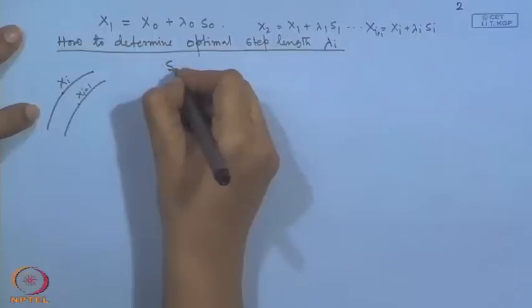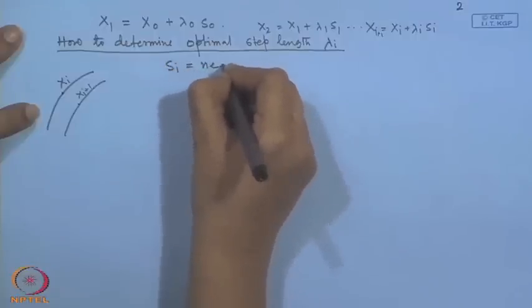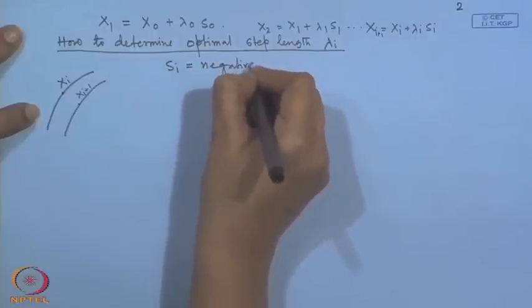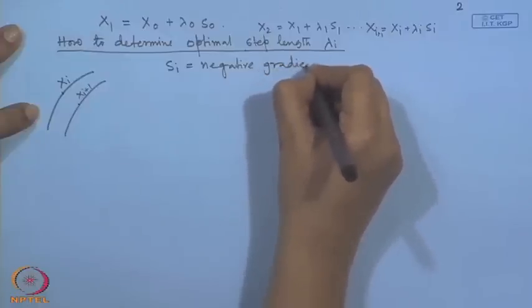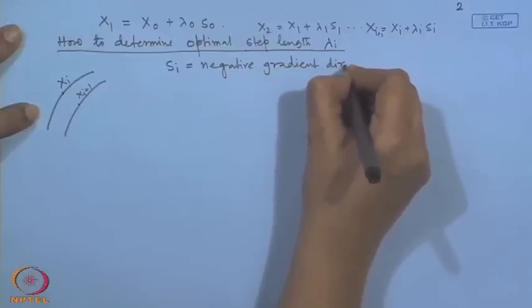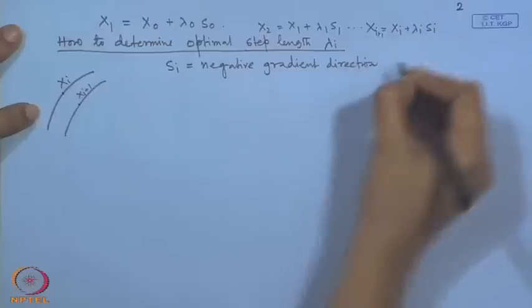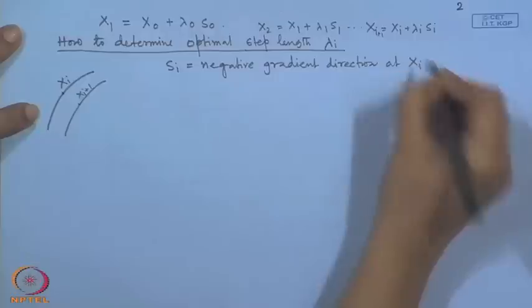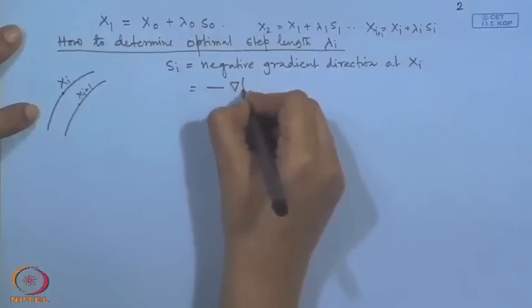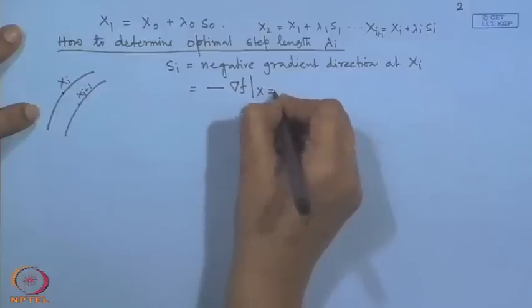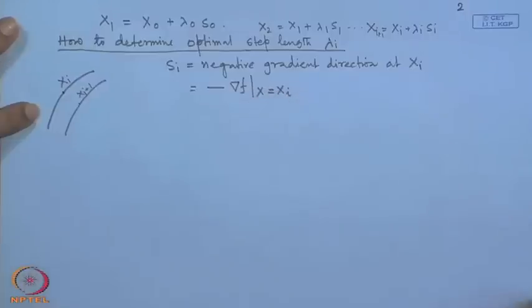We know si is the negative gradient direction at xi, that is why si would be minus grad f at x equal to xi.